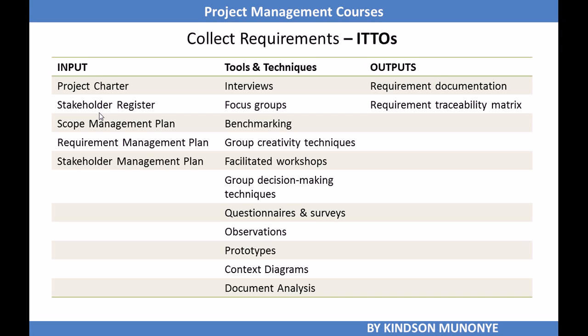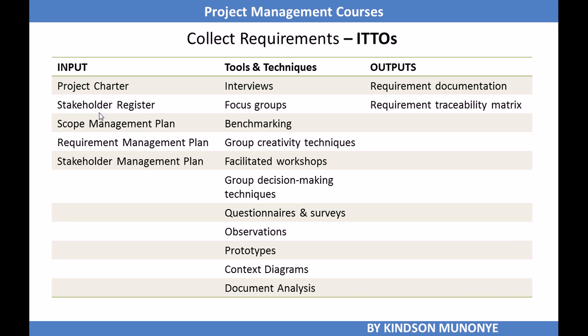There are a whole lot of tools and techniques including interviews, focus groups, benchmarking, group creativity techniques, facilitated workshops, group decision-making techniques, questionnaires and surveys, observations, prototypes, context diagrams, and document analysis. We have two outputs from collect requirements: requirements documentation and the requirements traceability matrix.